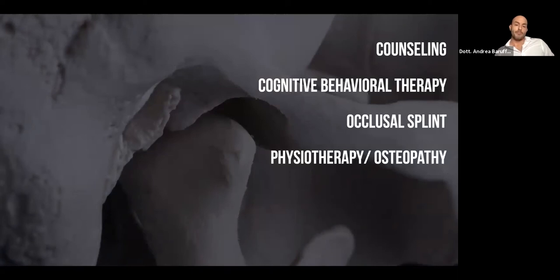So when we approach a case, we saw some routine cases, prosthetic, ortho, and so on. But when we approach a patient who has a TMJ disorder, we have to clearly know what choices we have in terms of therapy.